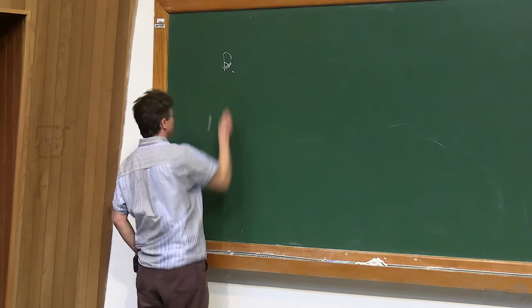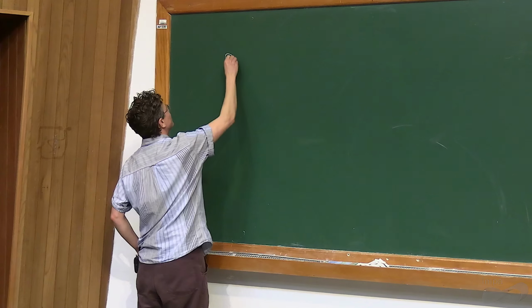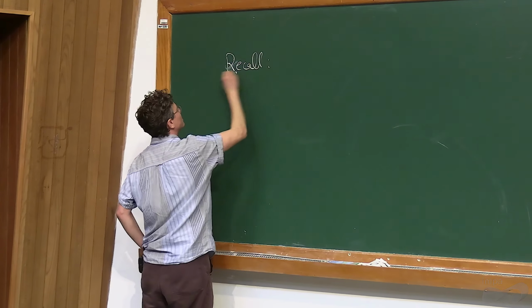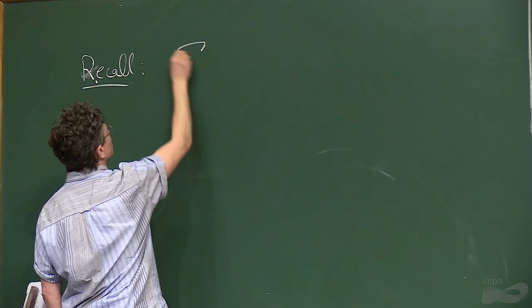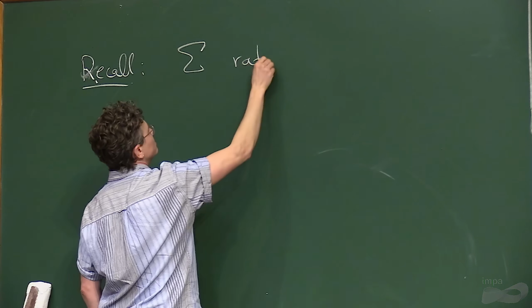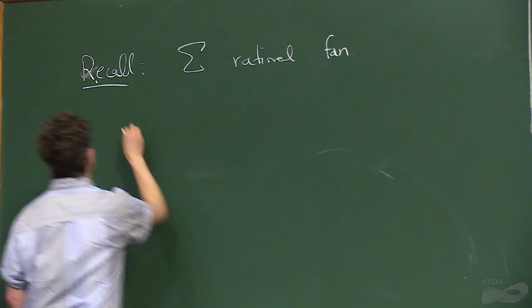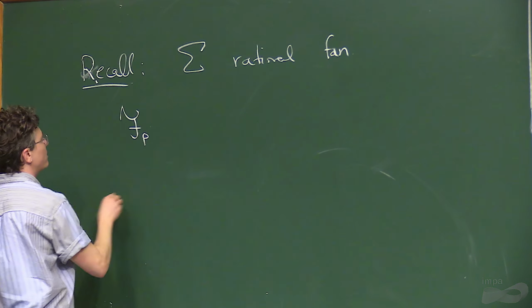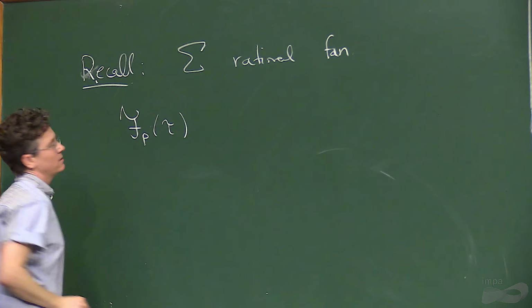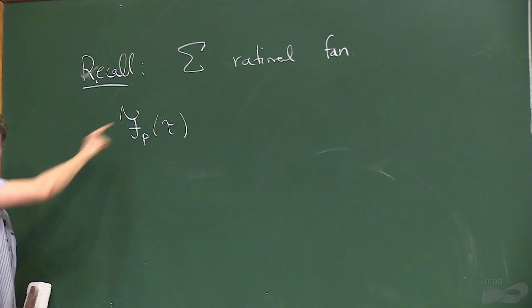where we ended last time. We introduced, for a rational polyhedral fan in R^n, for every cone, some Z module.